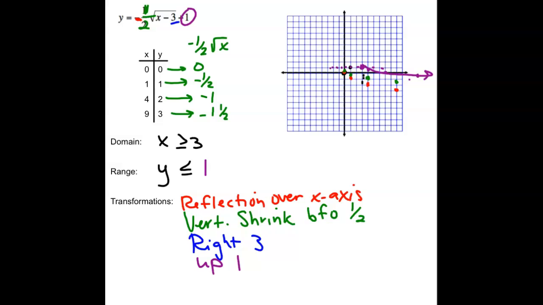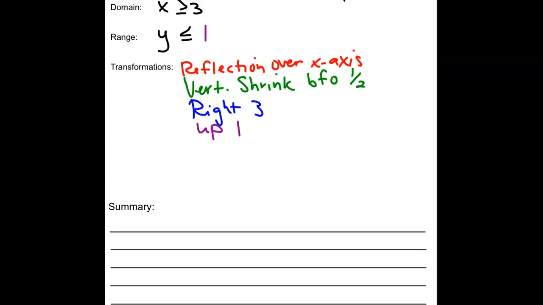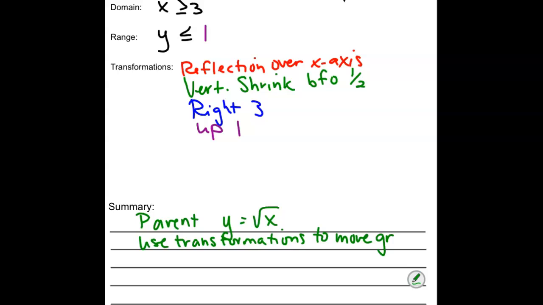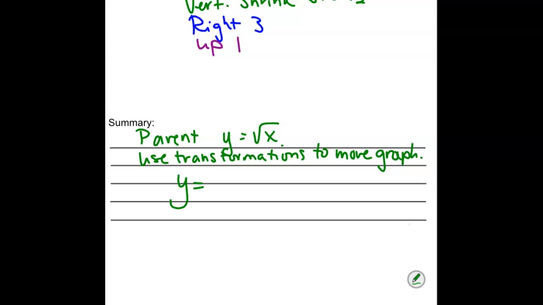All right. So our focus today again is on graphing square root graphs. We start with our parent function, and then we look at any kind of transformations to move that parent function. So we have y equals a times the square root of x minus h plus k.